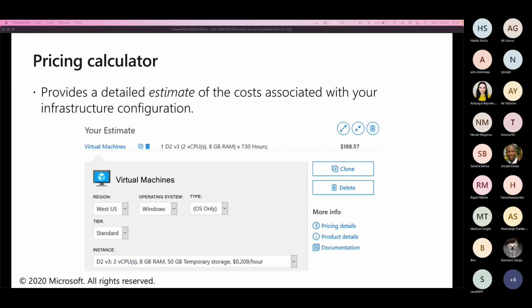So if you know you are going for a virtual machine in West US with Windows operating system and standard tier, here we've got a setup with two virtual CPUs, 8 GB of RAM, and 50 gigabytes of temporary storage.